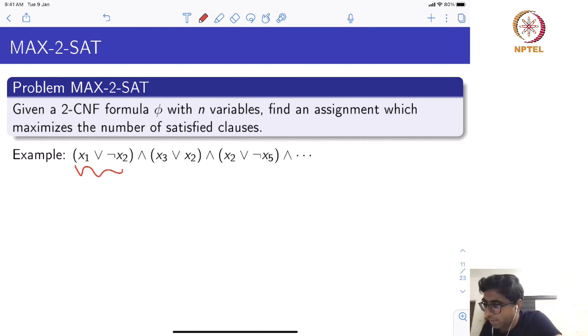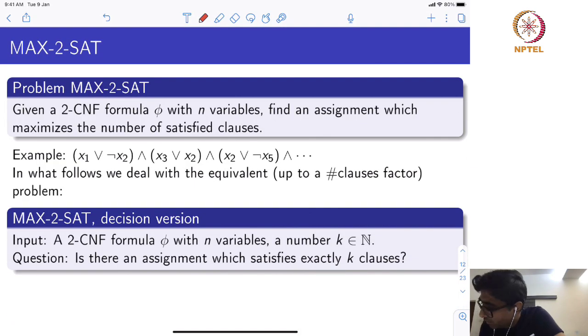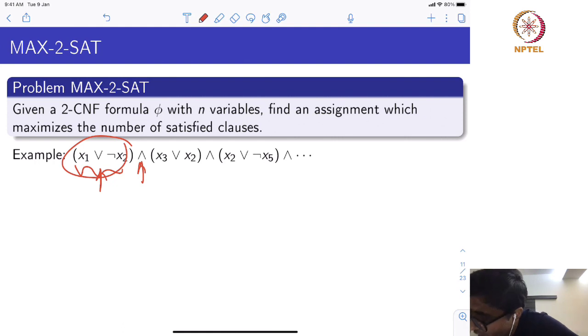So what is CNF? It is an AND of ORs. And what is a satisfying assignment?